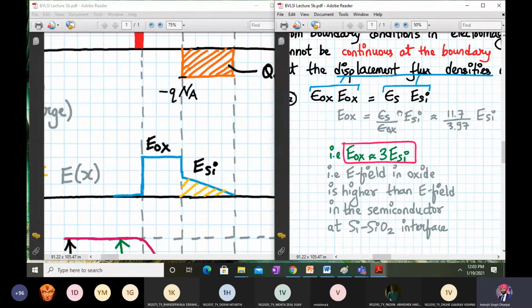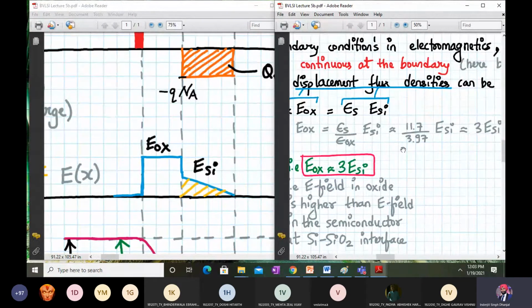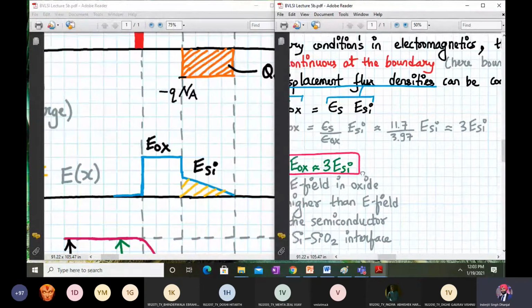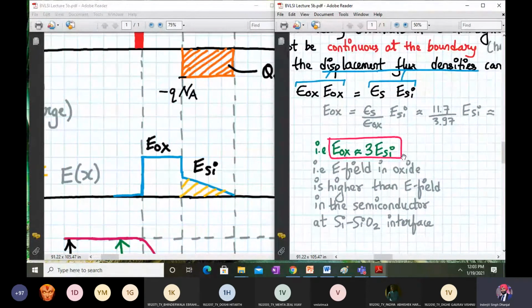So E_ox will be epsilon_s divided by epsilon_ox times E_si. Since the ratio is around 3, E_ox is approximately 3 times E_si. That means the electric field in the oxide is higher than the electric field in the semiconductor at the SiO2 interface. That's how we get E_si a little lesser compared to E_ox.